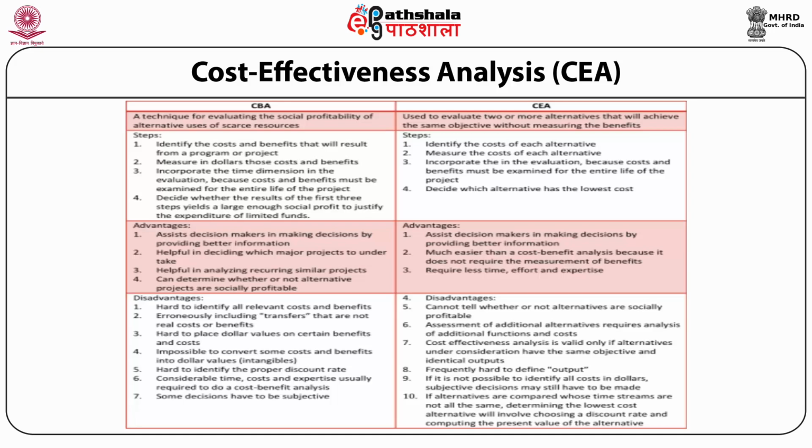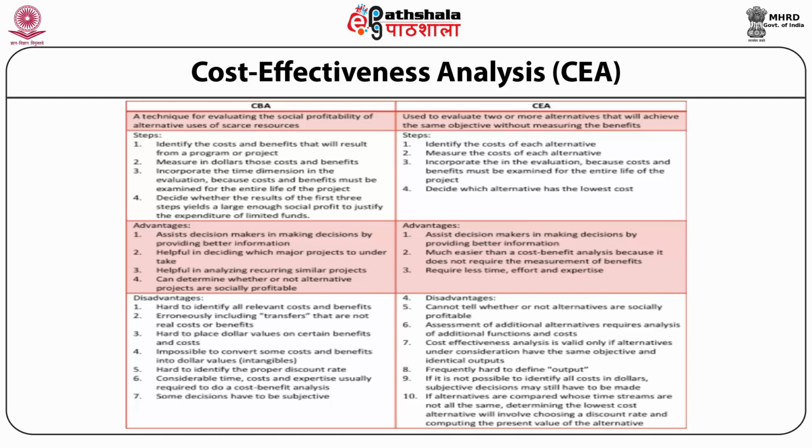Impossible to convert some costs and benefits into dollar values, that is called intangibles, which we cannot measure. Then fifth one, hard to identify the proper discount rate. And last one, considerable time, cost and expertise are usually required to do a cost benefit analysis. Some decisions have to be subjective.